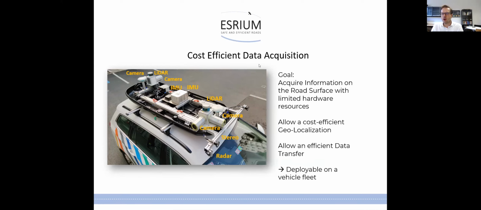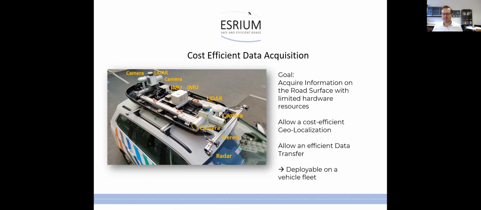But of course, they are costly, and therefore they are hard to deploy on a larger scale. If you really want a digital twin which is up to date for an entire national road network or even a European high-level road network, then you would need many of those scanners.